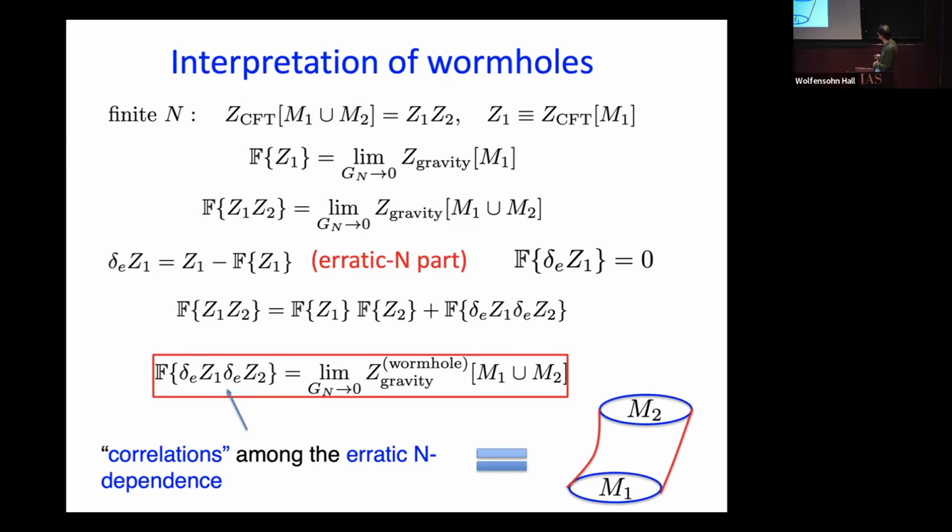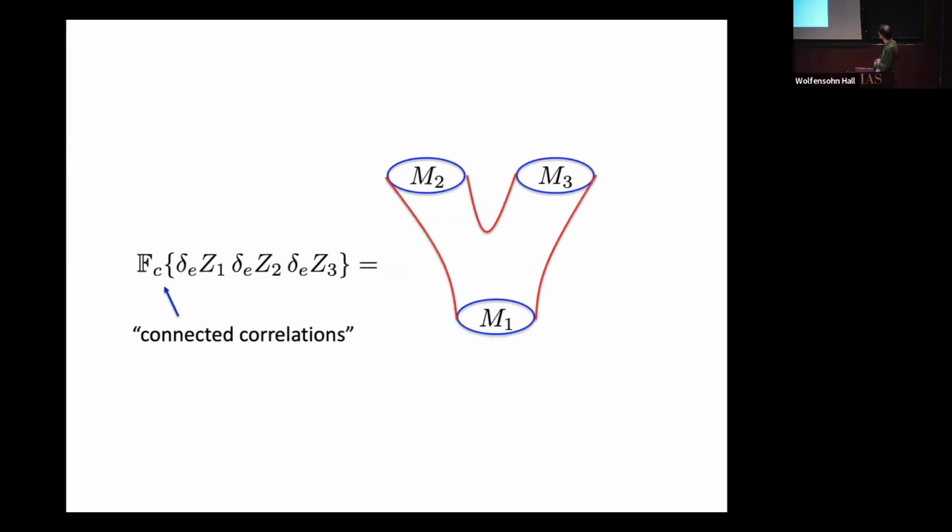And you can trivially generalize this relation to more than one boundary. For example, you can consider connected correlations among three erratic partition functions, and that may be described by this kind of wormhole on the gravity side.